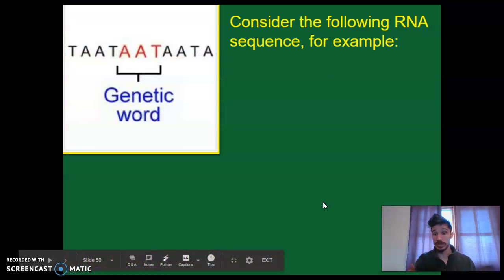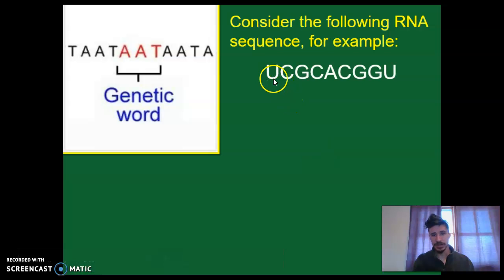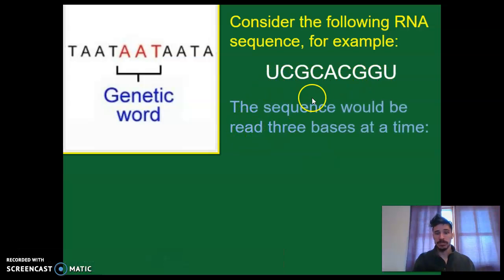All right, so let's do an example. Here's a strand of mRNA. This sequence would be read left to right, 3 bases at a time. Now, on Canvas, you have a codon chart.